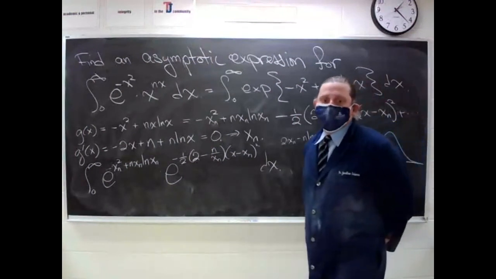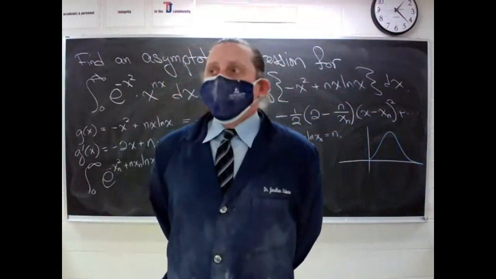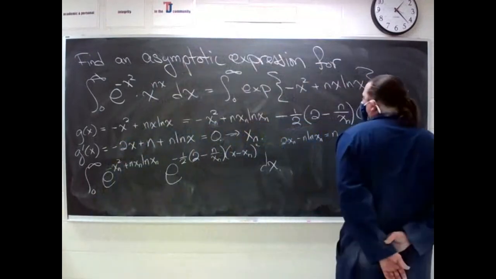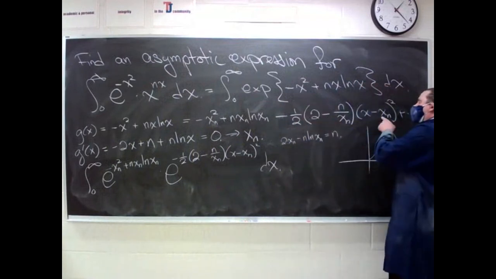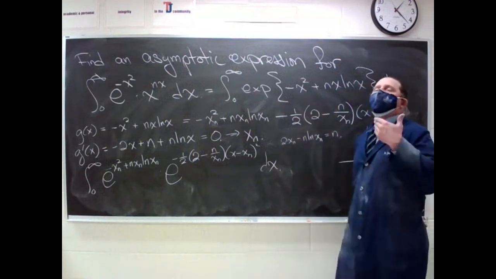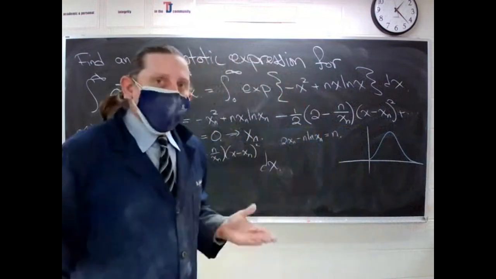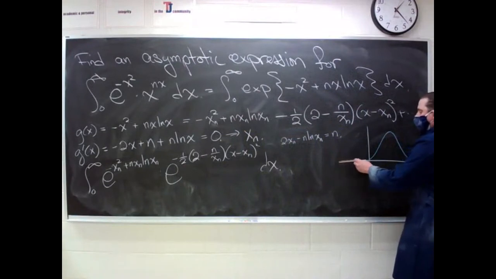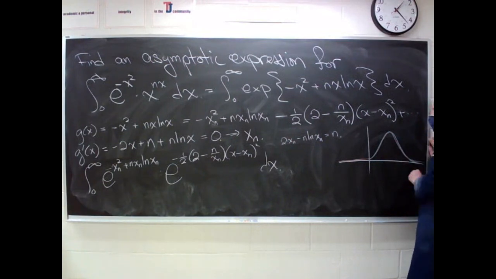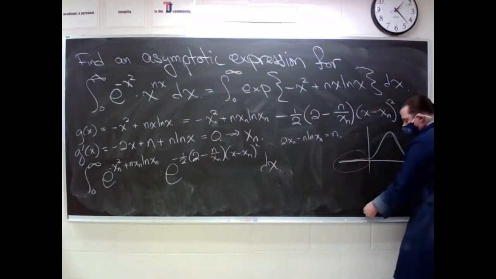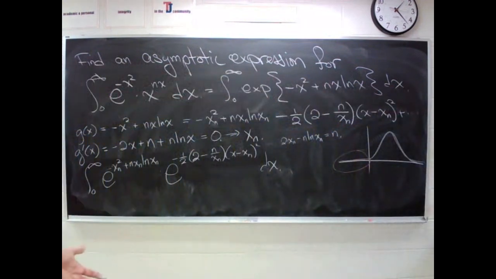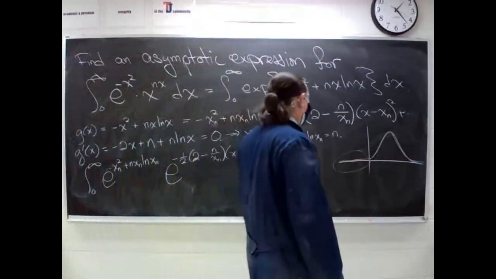So that means xn should be largish. It should be on the order of n. So e to the minus number times xn squared is really, really small. So all we're saying is, I don't want to calculate blue, I'm going to calculate red instead. And we're arguing that this piece doesn't matter. We're only looking for an asymptotic expression after all. We're not interested in getting this exactly.